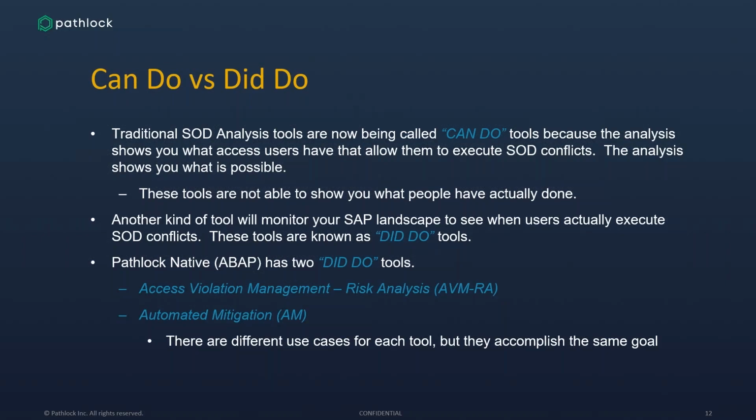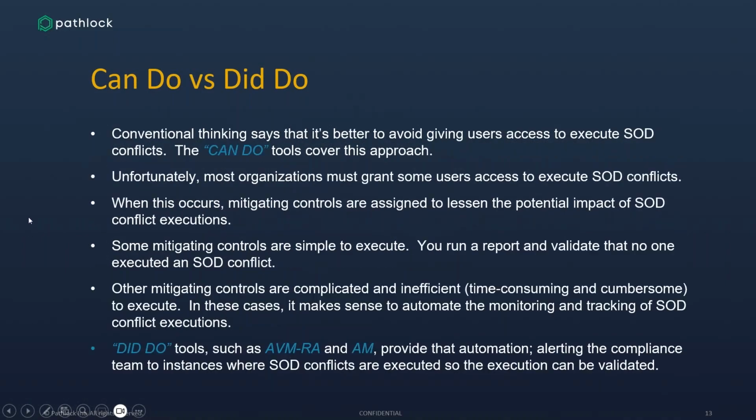They track and monitor the execution of SOD violations, so people actually did do something inappropriate or something worth investigating. I've already touched on a few things on this slide, but again, it's the people actually doing things that these tools are monitoring.